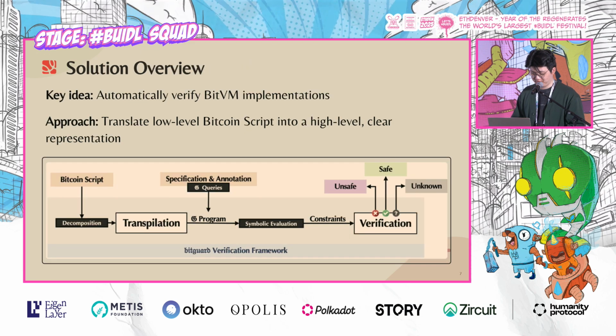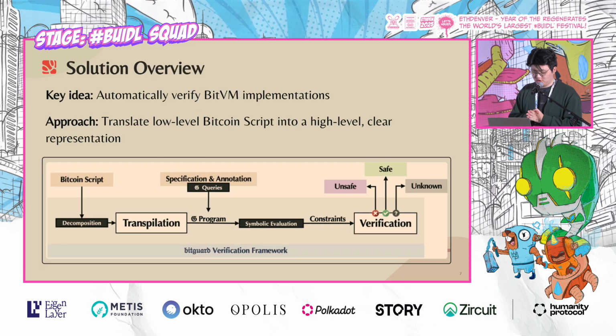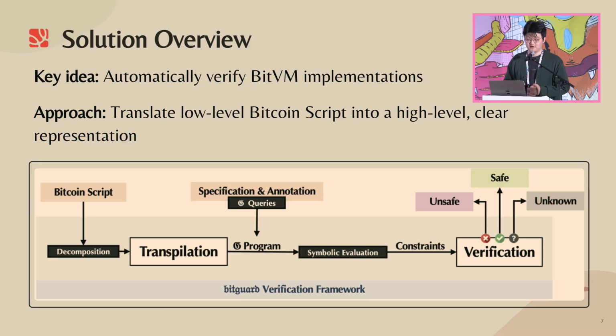So what can we do? To solve this problem, to ensure the correctness of such a program, we need a proper formal verification tool for Bitcoin script. So our key idea is simple. We want to automatically verify Bitcoin script BitVM implementations, which are very low level and rely on complex stack operations.